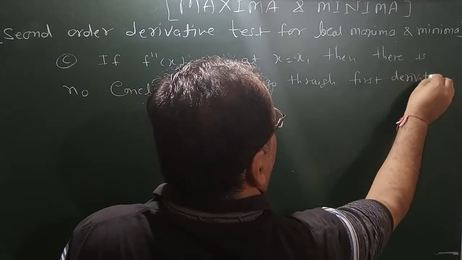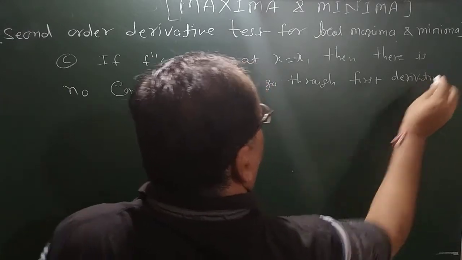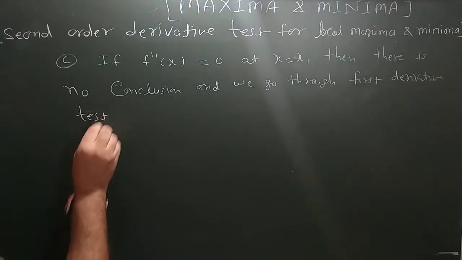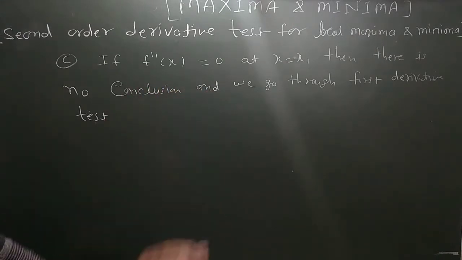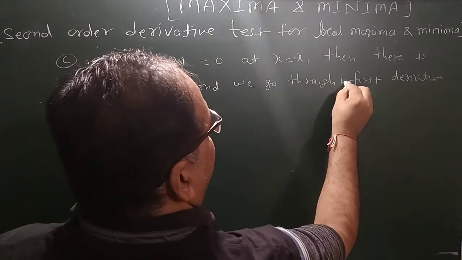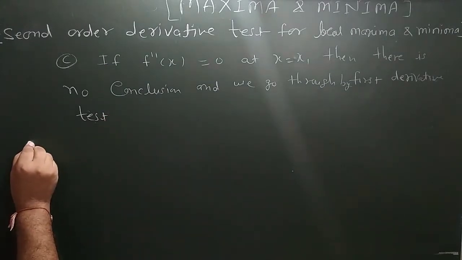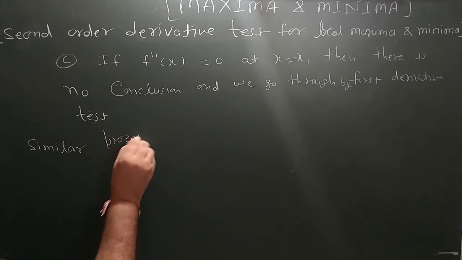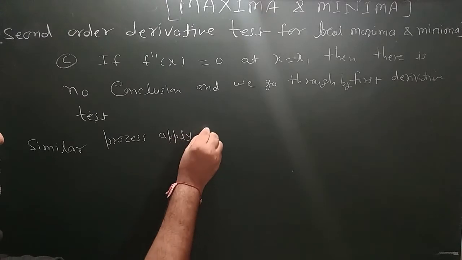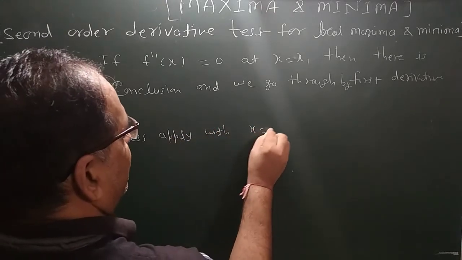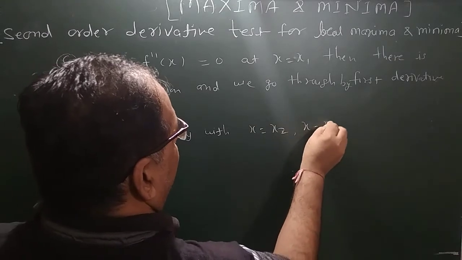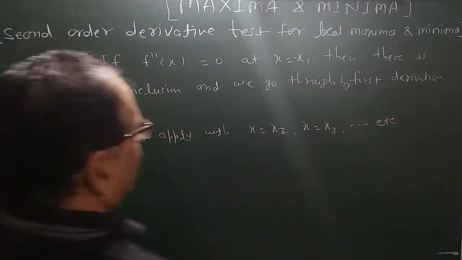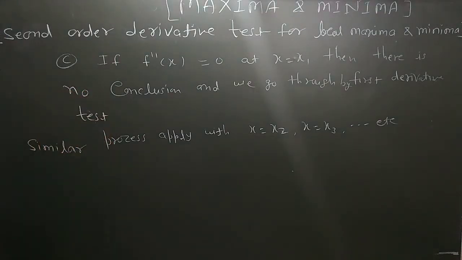A similar process applies with x equal to x2, x equal to x3, etc. So this is the algorithm of the second order derivative test for local maxima and local minima.